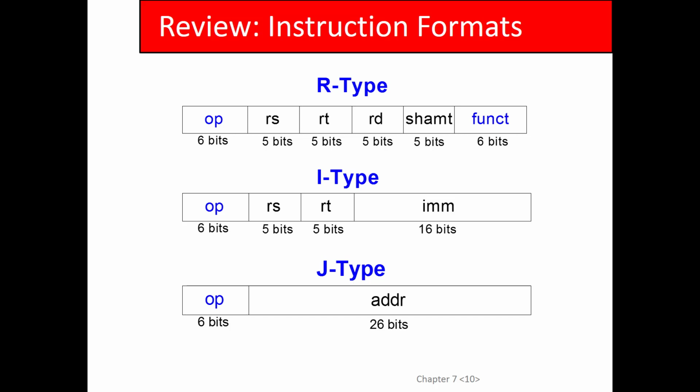Yes? For the I-type instructions, if there's only 16 bits devoted to the address, can that only handle 2 to the 16 words of memory? That's right, yeah. There's a little bit of a hack they use to get around it. There's an immediate field, and they use RS, one of the registers, as an indirect pointer to a base register.